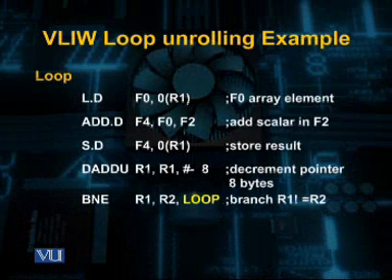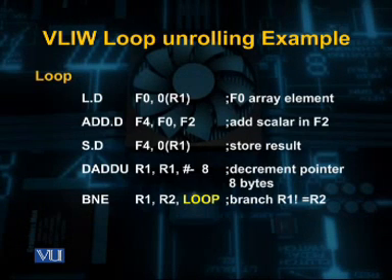For this, let us consider this complete program. Here you can see that the first 3 instructions, that is the load, add, and store, are used to obtain the first element of the array. Then to this element, it adds a scalar quantity, and the result is stored at the position from which the original value was obtained.